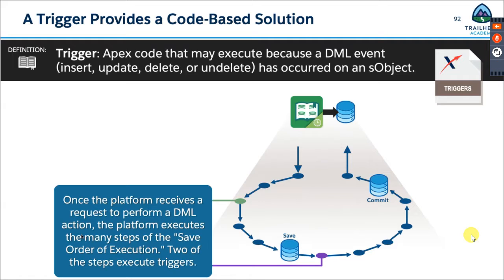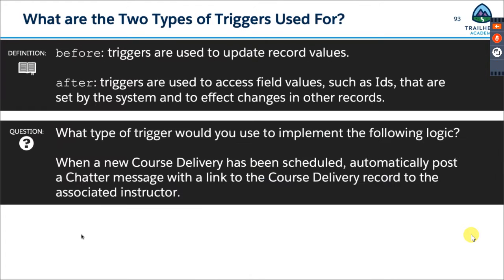There are two bubbles here because triggers run at least two times. And then there is something called a before and an after trigger. But please, I know this next thing I'm going to ask is really hard to do, but when you hear the words before and after, do not think about when they run. It's a really bad naming.